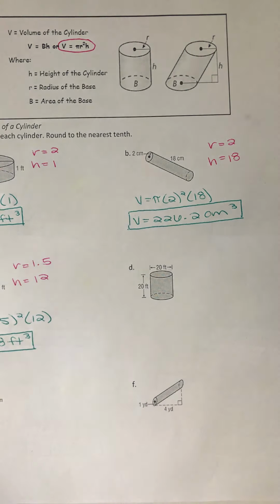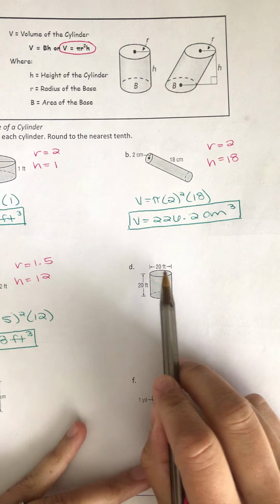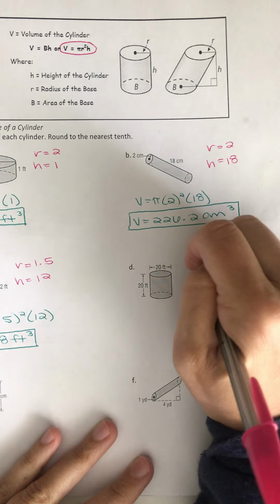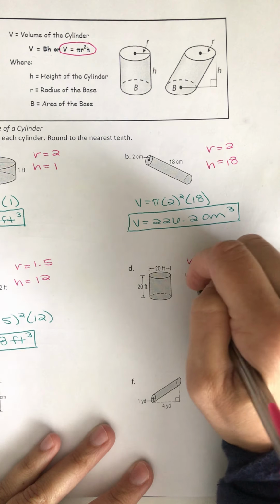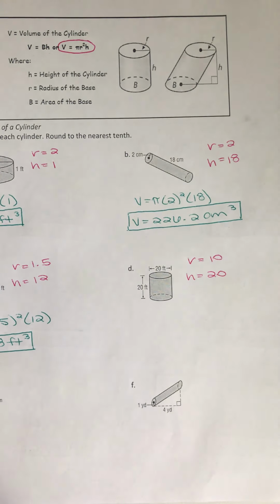The next one, my radius is not given. They give the entire diameter as 20. So in order to find the radius, I'm just going to split that in half. My radius is 10. My height is 20.